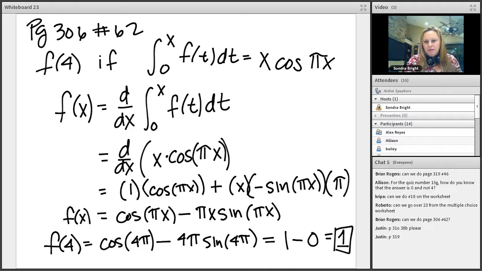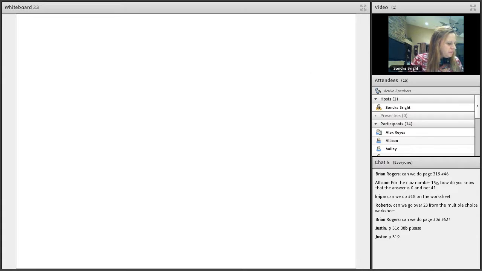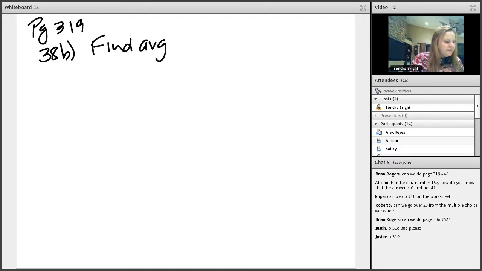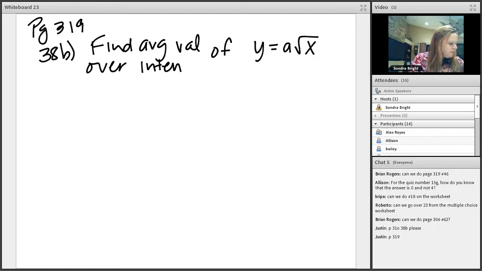Page 319. Okay. So page 319, 38b says, find the average value of y equals a times rad x over the interval from 0 to a.